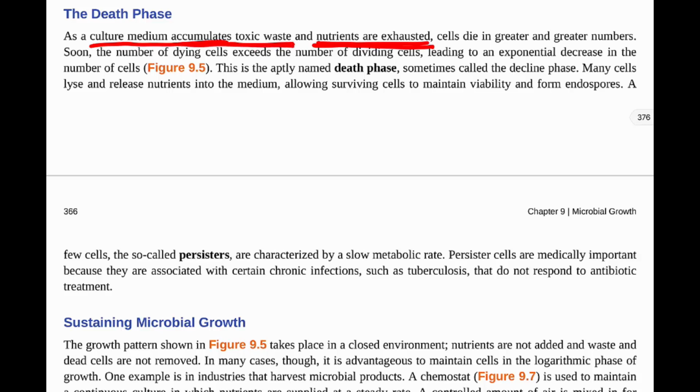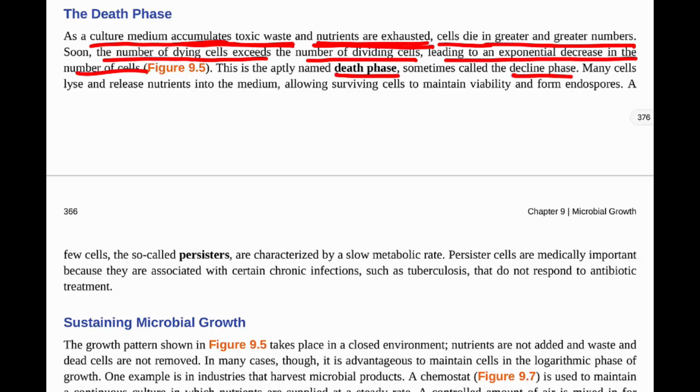So they're going to die in greater and greater numbers. Soon, the number of dying cells is going to exceed the number of dividing cells. So we get to a point where that's no longer equal as in the stationary phase, and now there are more cells dying than are dividing. So leading to an exponential decrease in the number of cells. Aptly named the death phase, also called the decline phase. So we see a decline in the population.